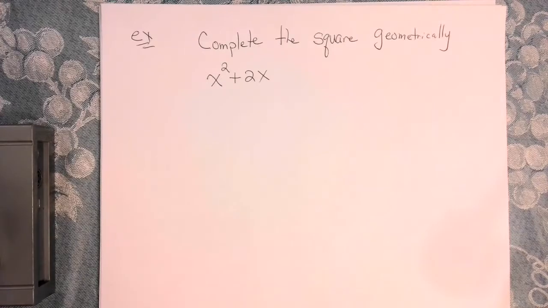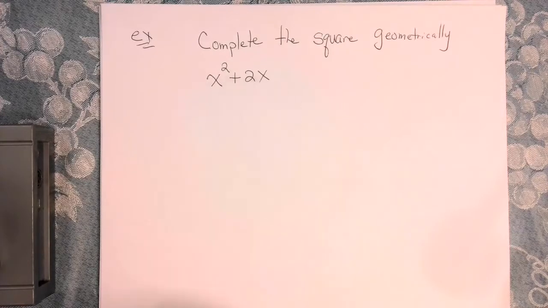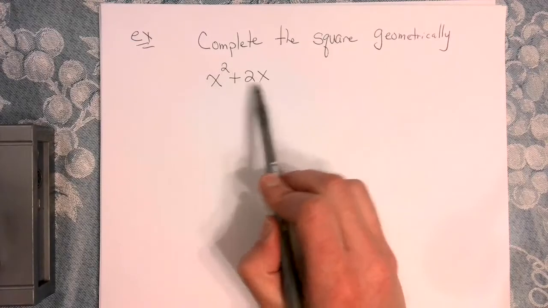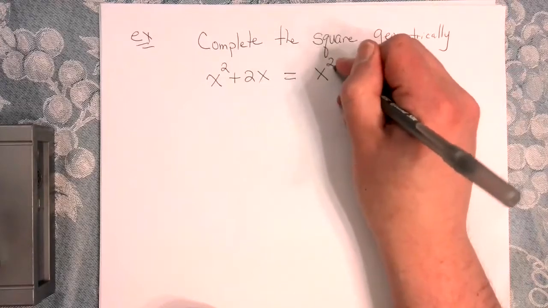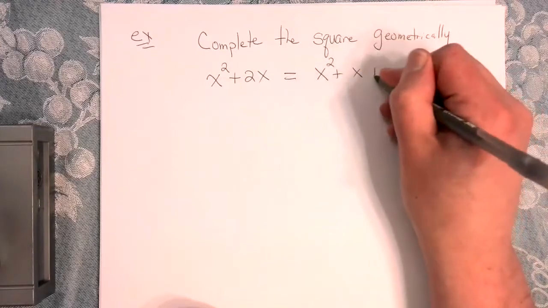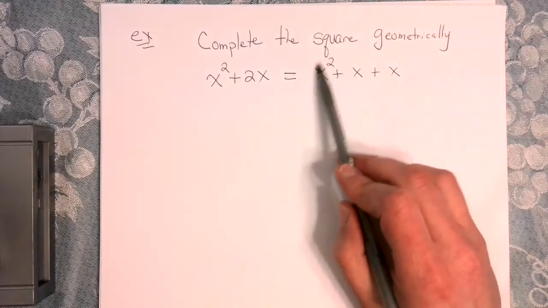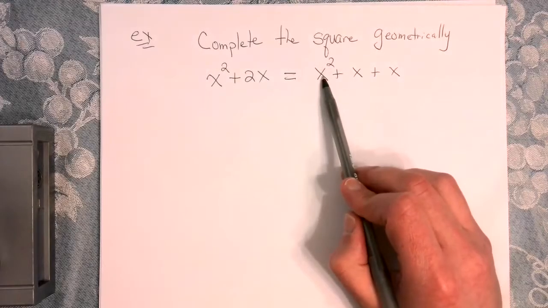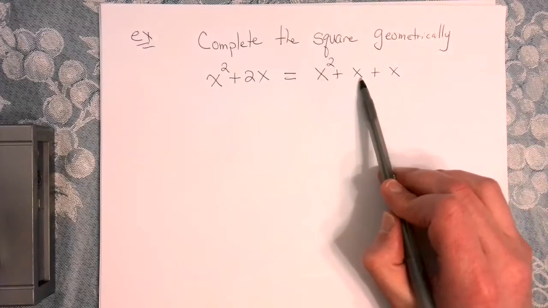Okay, so the question becomes, well, how do I take this and turn it into some sort of figure? Well, we want to think about each of these terms as representing area. And so you could think about this as x squared plus x plus x. So this might be some figure that has sides both equal to x, so the product is x squared. This might correspond to the area of a rectangle that's 1 by x.